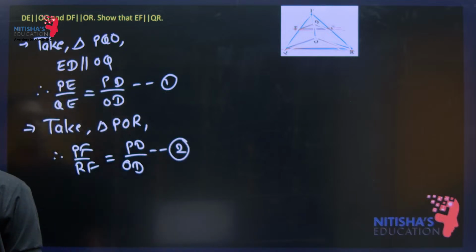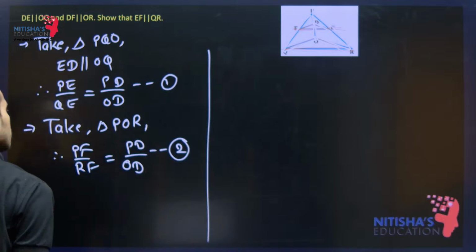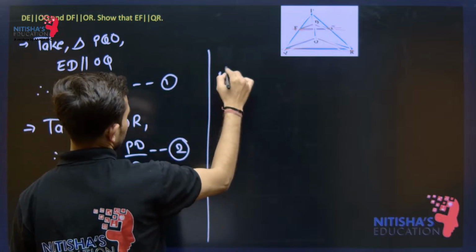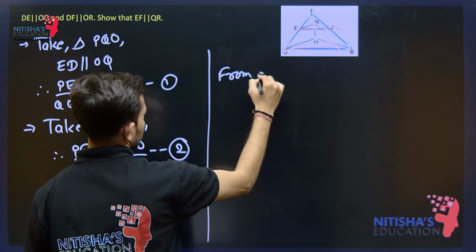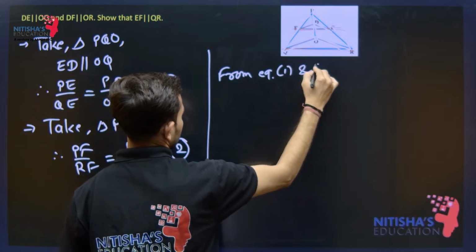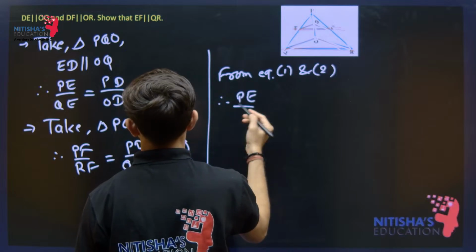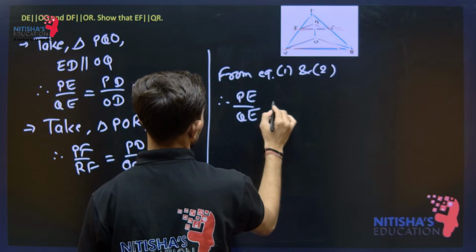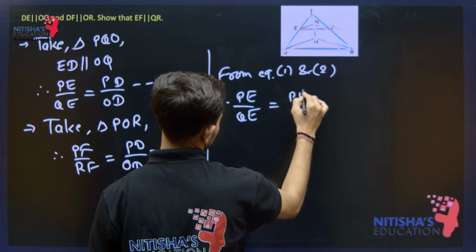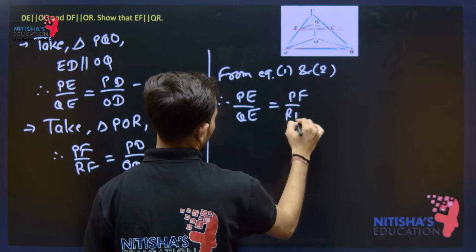This is our equation number 2. Now from equations 1 and 2, we can say that PE upon QE is equal to PF upon RF.